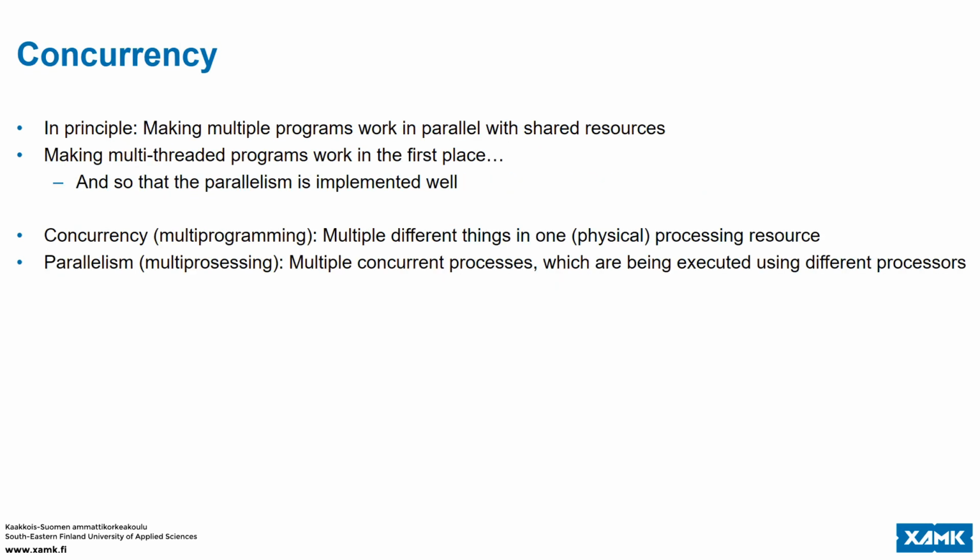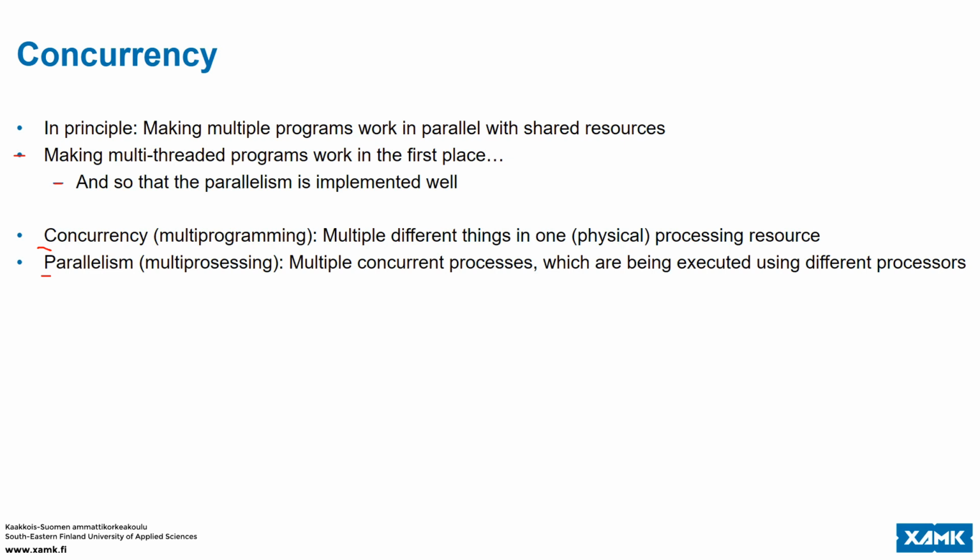Then concurrency, in its basic form, means making programs work in parallel with shared resources, or making multi-threaded programs or multiple processes work in the first place, and making them work so that this parallelism is implemented well and efficiently. Often we see a couple of terms related to concurrency: concurrency and parallelism.